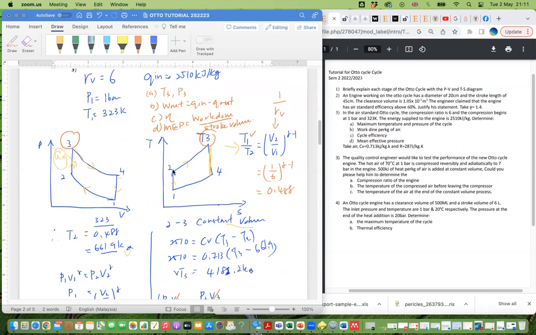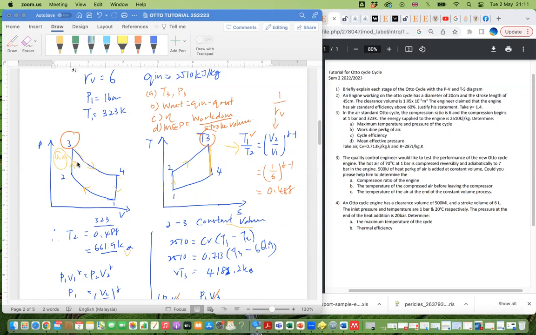The temperature is increasing because you're compressing it, but there's no heat. Then 2 to 3 is the spark, q in, so heating. This part is constant volume heating, okay? Since the volume is fixed but the pressure is increasing, definitely the temperature is increasing as well, and so is the entropy.